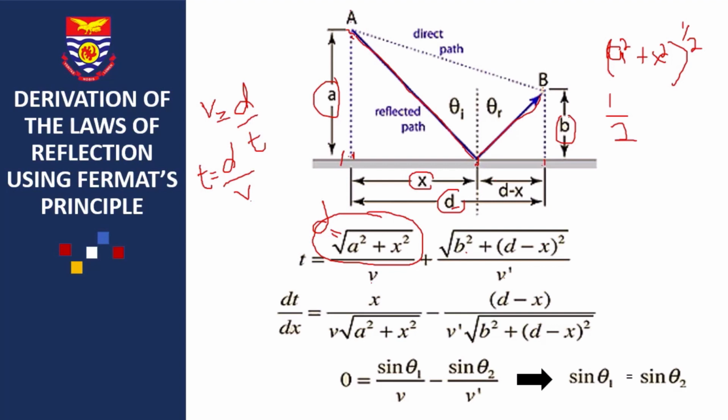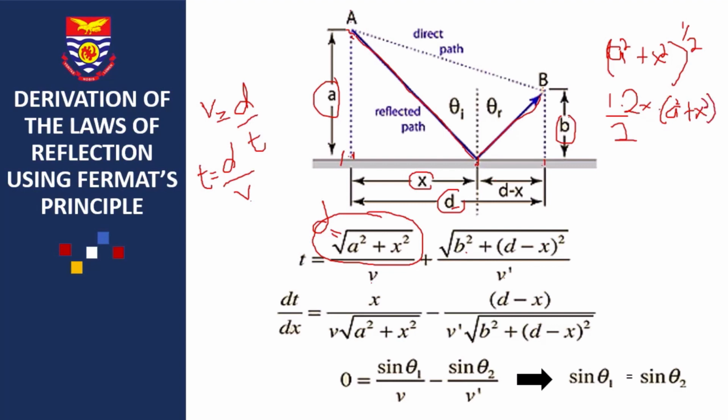When we find the derivative of x squared, we are going to get 2x. So 1 over 2 times 2x, times again a squared plus x squared.